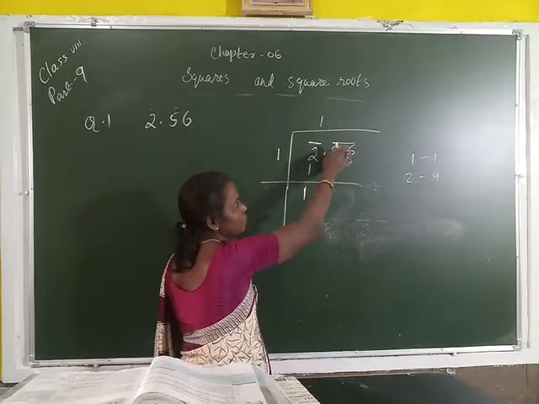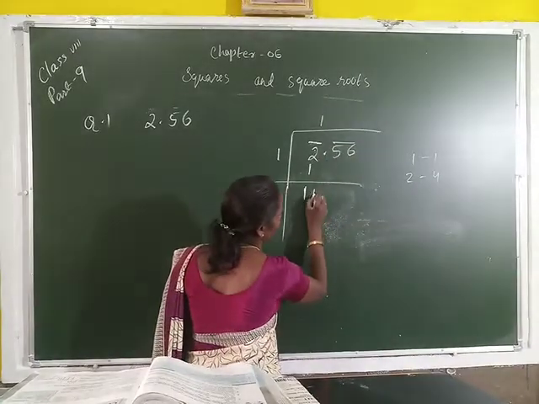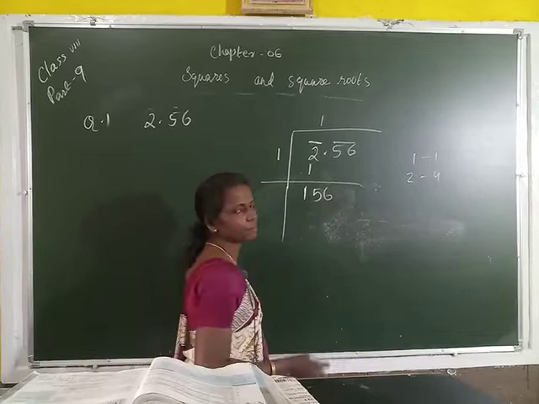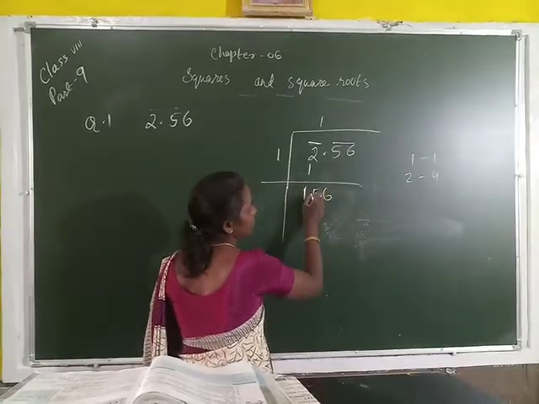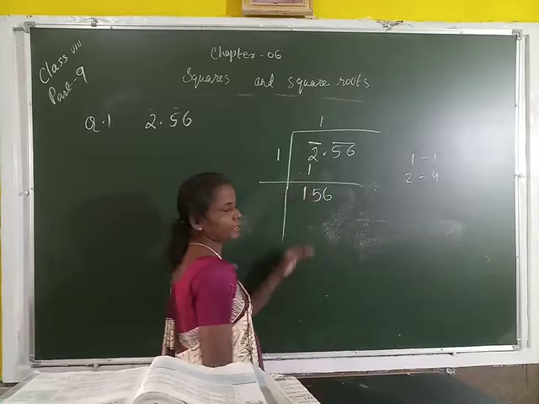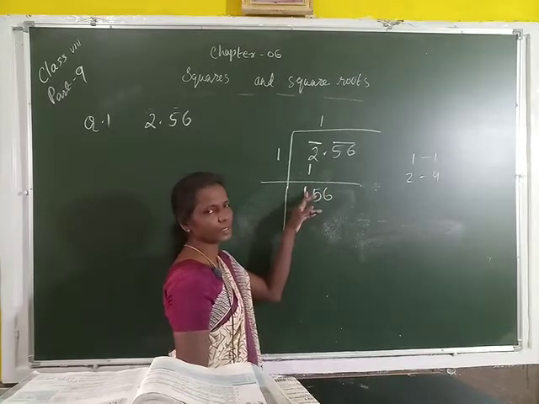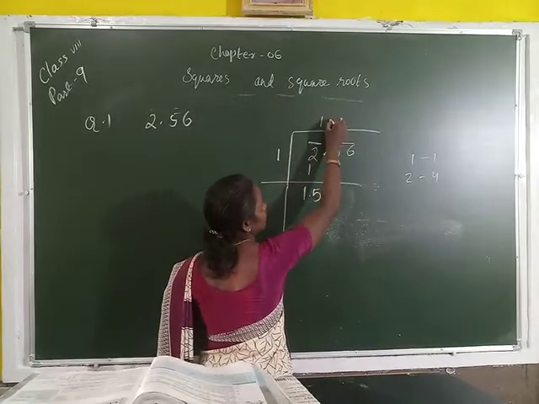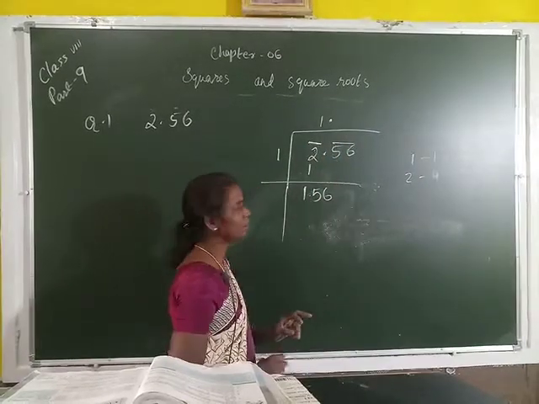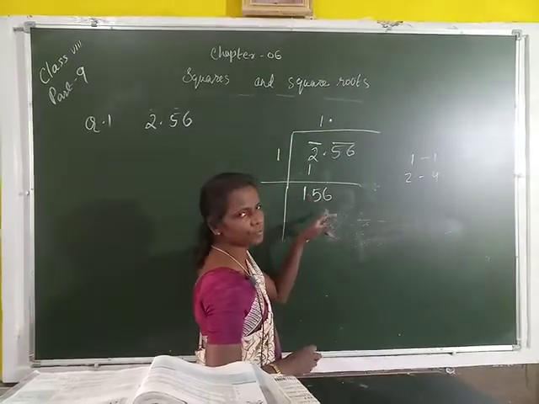Look at the numbers 5 and 6. We write 5 and 6 and get 156. This decimal part we write here, to the right side of this remainder. So we put the decimal point. Here we get 156.